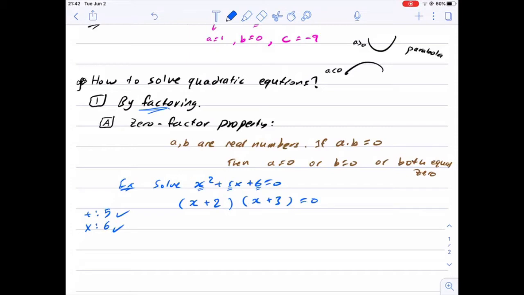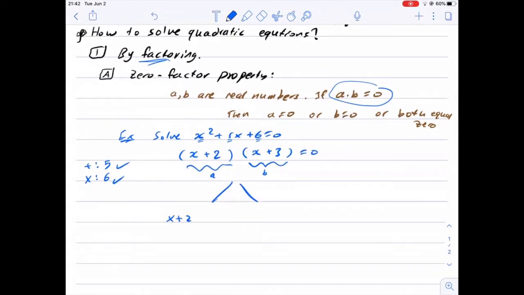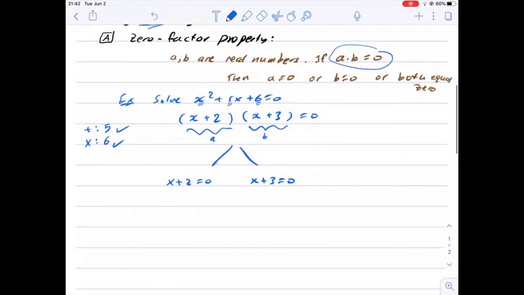Now we apply the zero factor property. If this is A and this is B, A times B is equal to 0. That means either x plus 2 equals 0, or x plus 3 equals 0, or both of them. So we solve each linear equation separately.